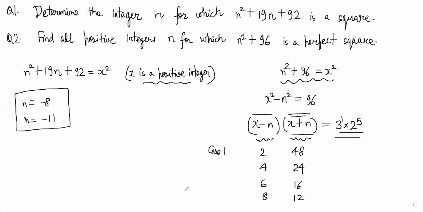So now from each of these cases, you'll get one solution, I think. N should come out to be, for example, 23. Just 10, and the next is 5 and 2. These are your 4 solutions.